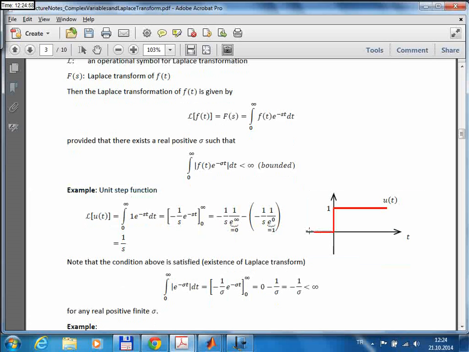The value of the function for negative t values is 0, but for all positive t values it has a value of 1 if it is a unit step function. Since we call it unit, the value is considered as 1.